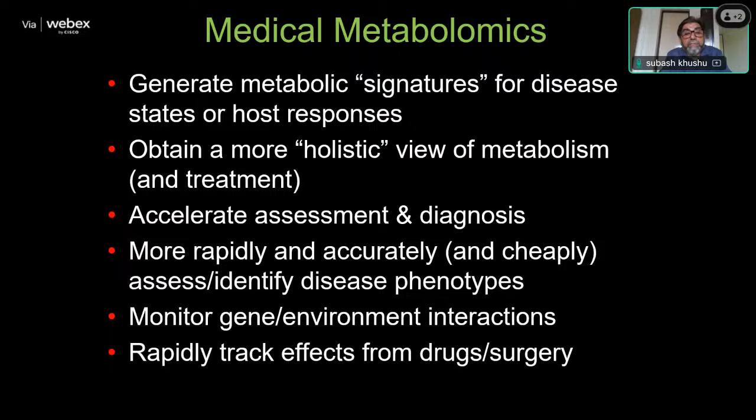As I said, they are quite fast, and they can be rapidly and accurately measured, and you can make high throughput devices for situations where you measure mass casualties or mass exposure to any hazardous chemicals or gases. You can monitor the status of different people depending on the severity of their exposure by using high throughput metabolomics, and then you can rapidly track effects from drugs and surgery.